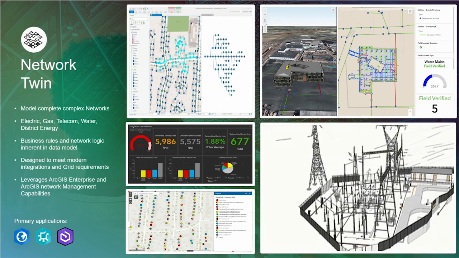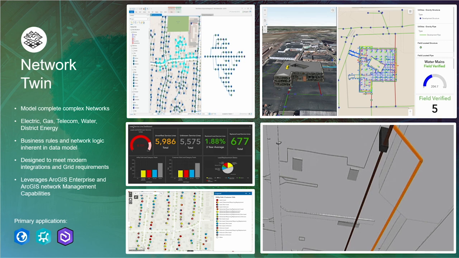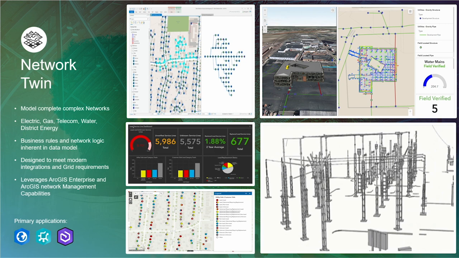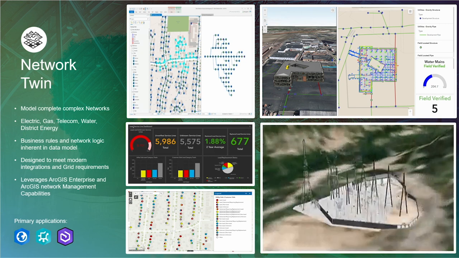With the network twin, you can start creating a more meaningful representation of the real way of your supply systems and your utility systems, and it's usually modeling a very complex network. So now, instead of representing a full set of substation assets as one point or one polygon, you can start modeling the full spectrum of the elements that belong to that complex structure.